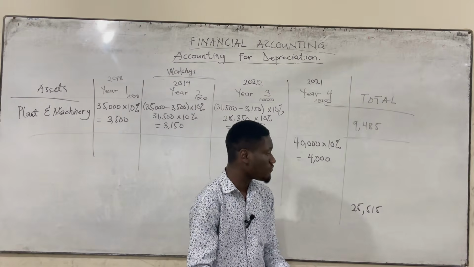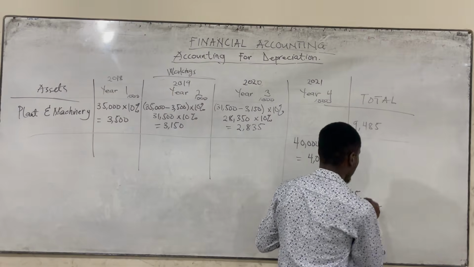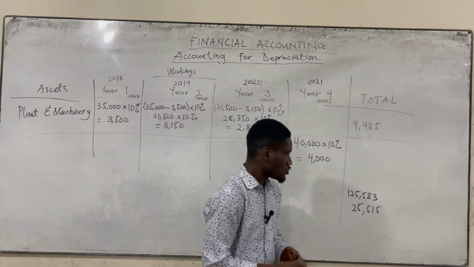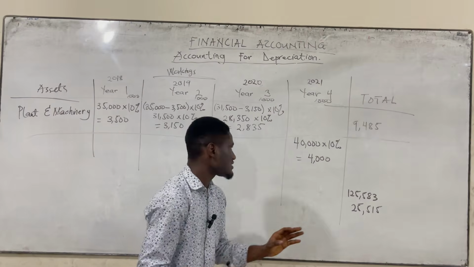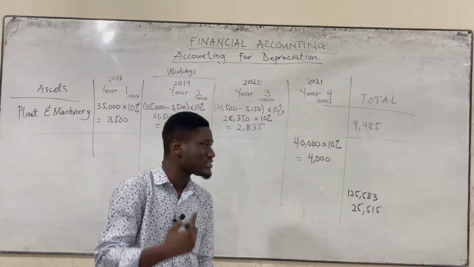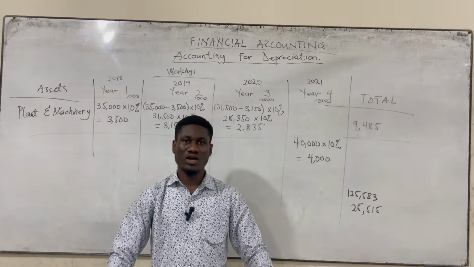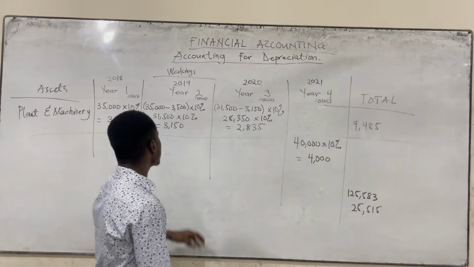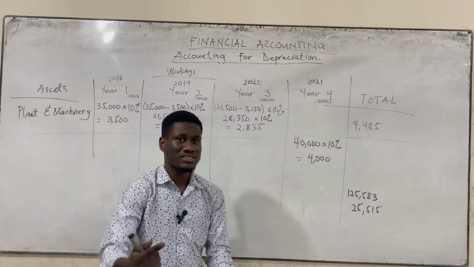And our net book value brought forward was 125,583. Good. So that means that, you see, actually they didn't tell us that the 35,000 was brought forward to 2021, but we could see that if these were the balances brought forward for plant and machinery, and you are telling us that we bought this asset and we used it for 4 years, that means that this asset was already there, so it is included in the balances brought forward for plant and machinery.